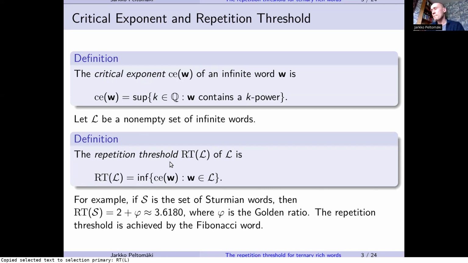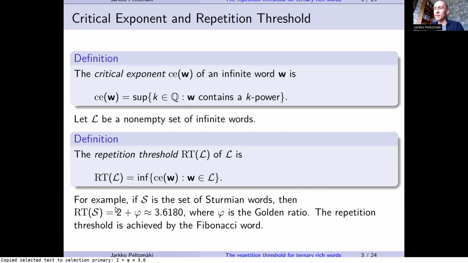Just as an example, if you put L to be the set of Sturmian words, then it's pretty standard knowledge that the least exponent you find in that set is 2 plus the golden ratio. This infimum is actually achieved by the Fibonacci word.